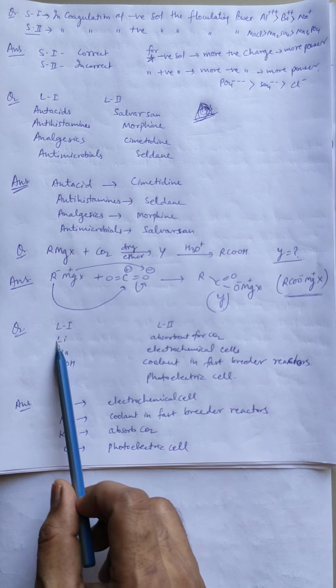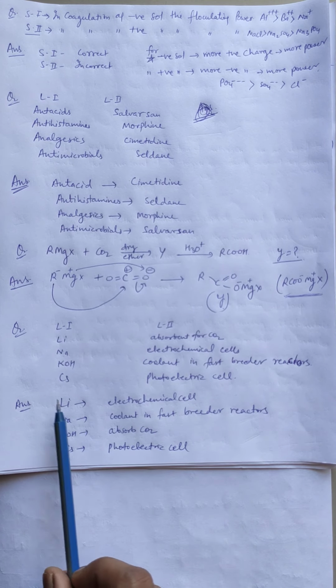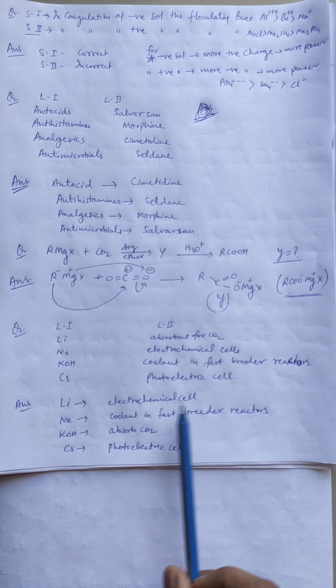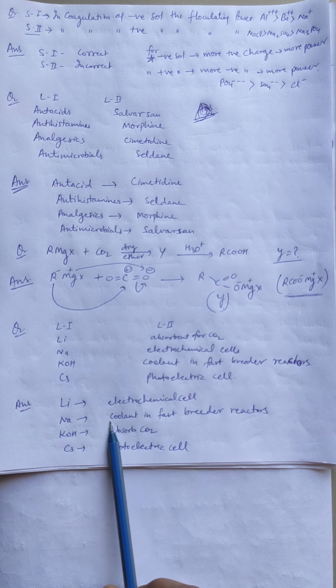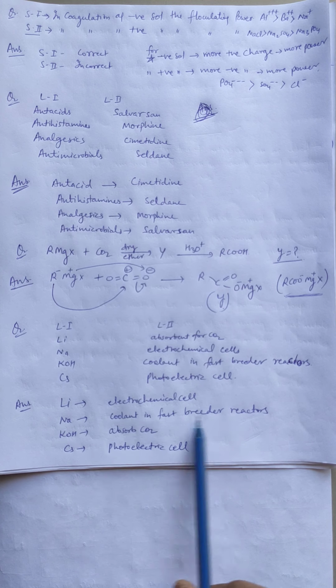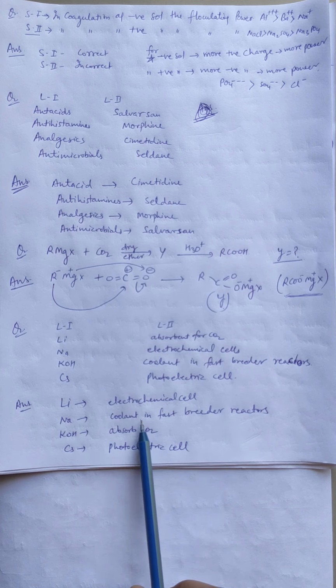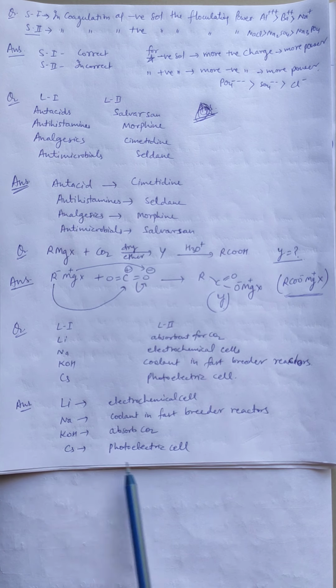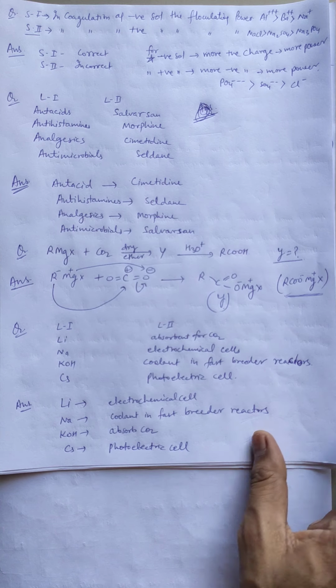Now the next is list 1, list 2 match. So lithium is used in electrochemical cells. Sodium is used as a coolant in fast breeder reactors. KOH absorbs CO2. Cesium is used in photoelectric cells. This is the correct explanation.